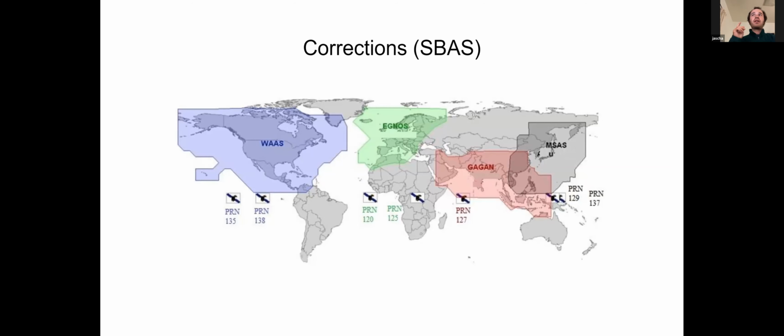If you measure the distance using only the baseline system, you can get an accuracy of about 15 meters, about 40 or so feet.